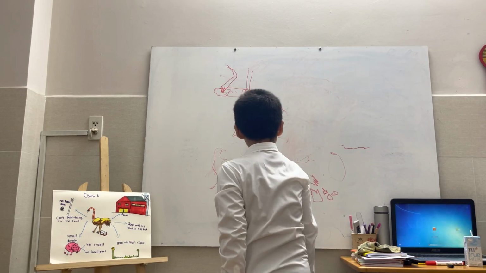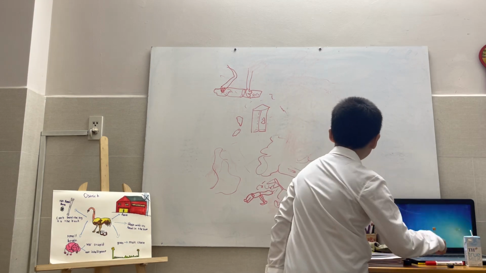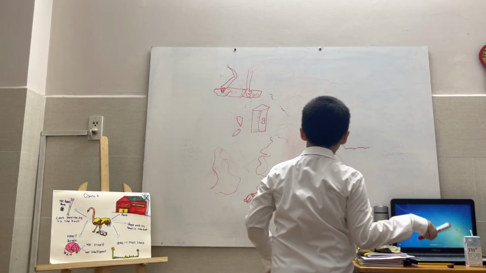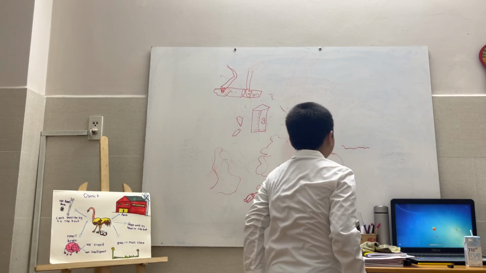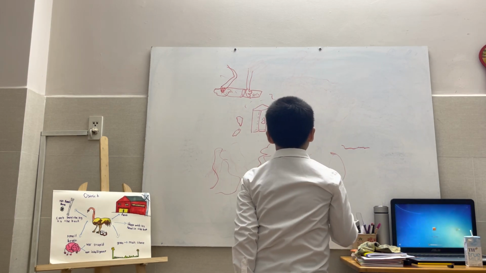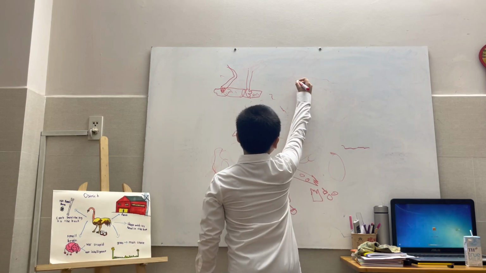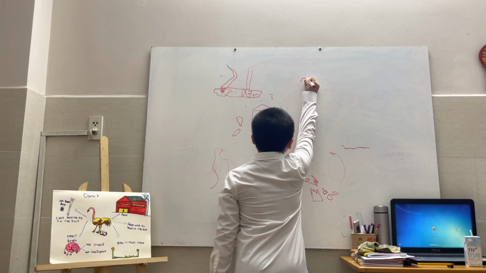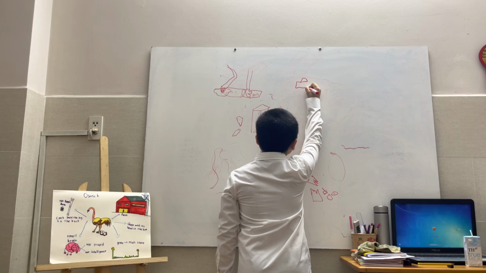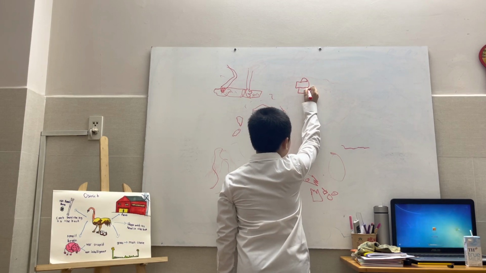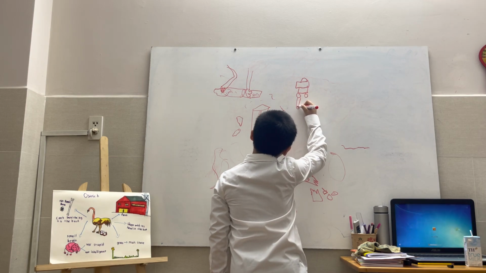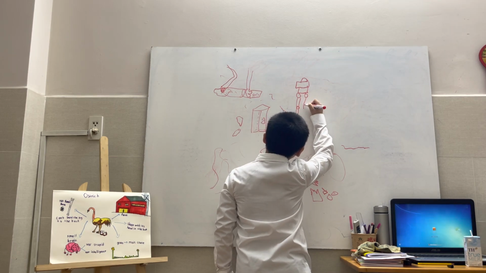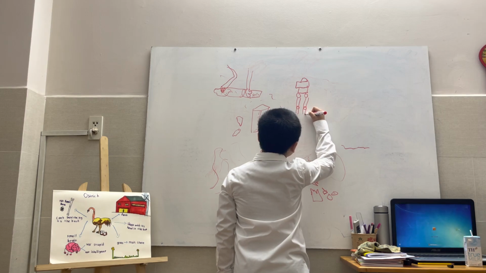So here I have a space. Now look at this space. For example, look at this robot. I'm going to show you, I'll draw a miniature robot.